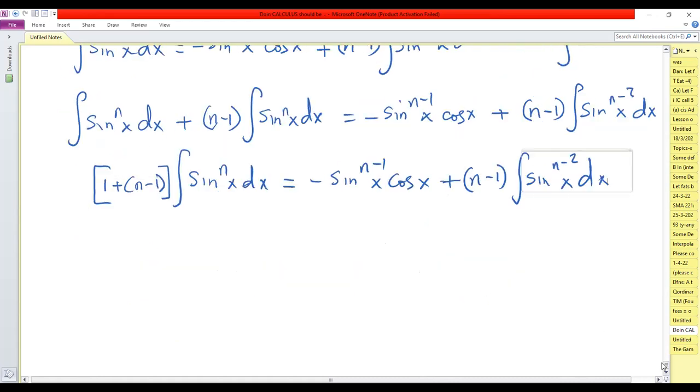So this part here, when you open the brackets, we'll have 1 plus n minus 1. The 1 and minus 1 cancel, so we get just n.